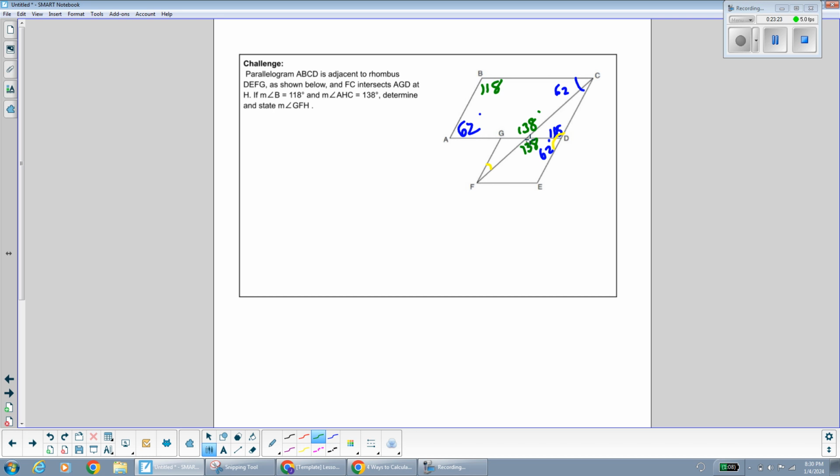Together, these two angles form a linear pair. So let me do 180 degrees minus 138, and I got 42. And that means this angle here is also 42 degrees because they are vertical angles as well.